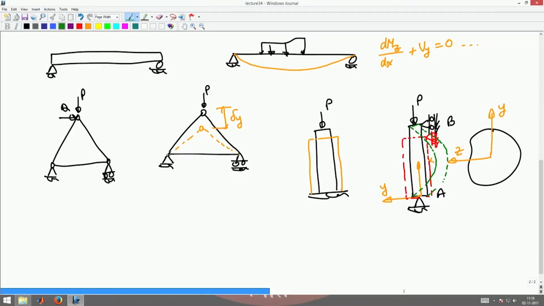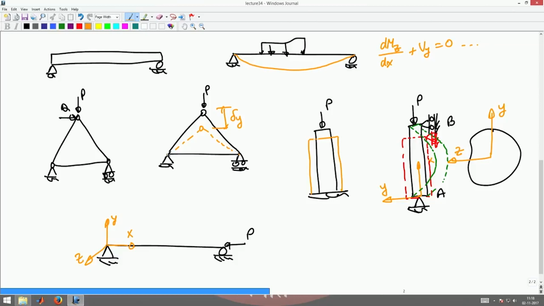Now, let's convert this into a line diagram. I have a column, I have a roller there, I applied axial force P, this is X, that's Y, and this is Z. Okay.